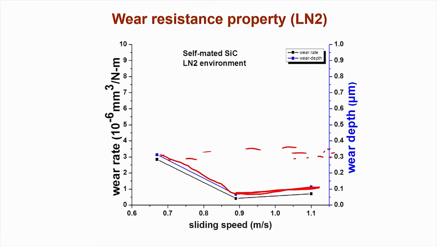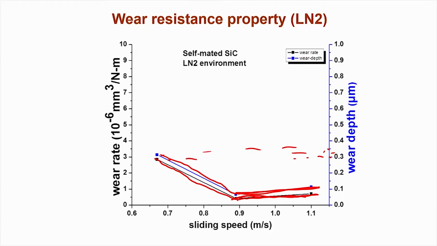As far as the wear rate is concerned, it is of the order of 10 to the power minus 6 millimeter cube per Newton meter, and again it changes from 3 into 10 to the power minus 6 to less than 1 into 10 to the power minus 6 millimeter cube per Newton meter for self-melted silicon carbide at 5 Newton load.